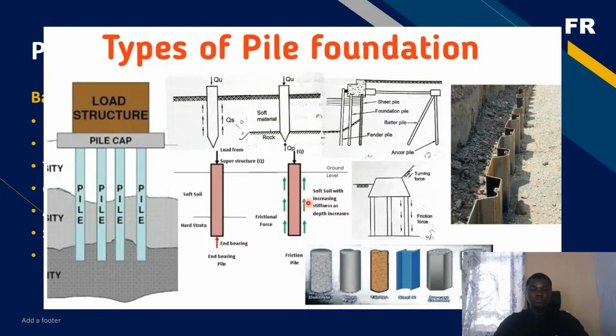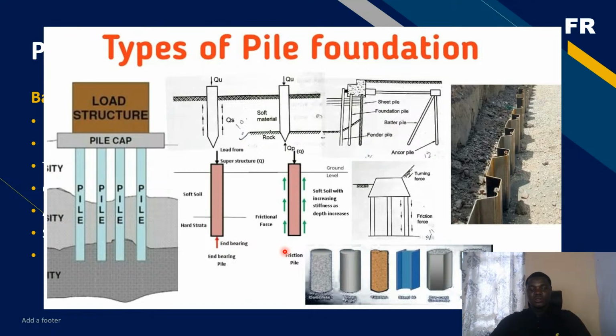Then based on your investigation, you find out that the hard strata where you can place your pile, if you want to make use of the end bearing system, is going to be at a depth of 120 meters. It's just an example. It will not be practical for you to provide such a foundation, where the depth of your foundation is much larger than the overall height of your building. It does not make sense.